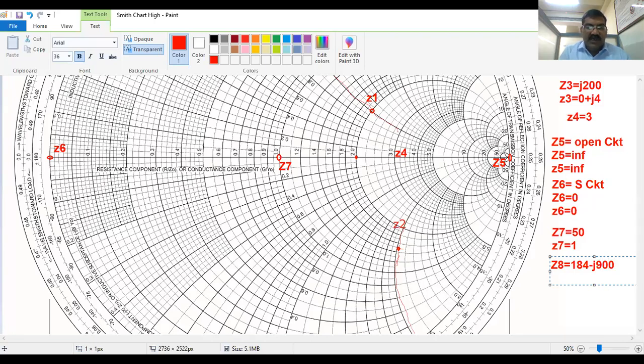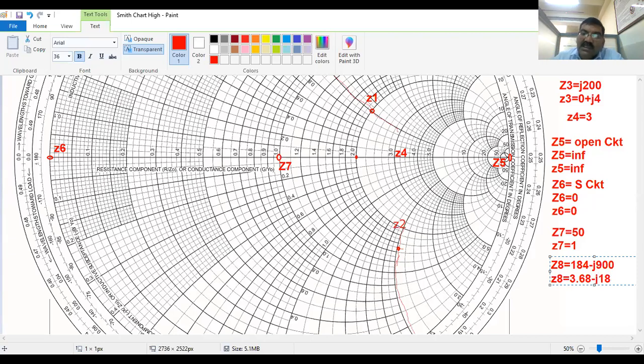So what will be my small z8? If I divide it by 50, 184 by 50 will be 3.68, am I right? And j900 by 50 comes to 18.